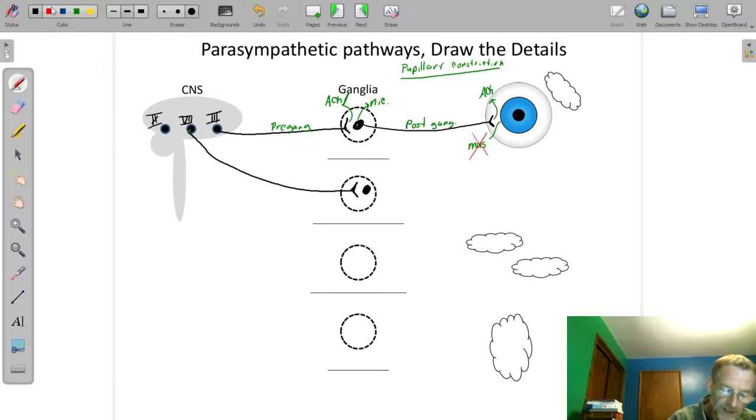Oh, we didn't write in the name of the ganglion. So for the oculomotor pathway, it's a ciliary ganglion. I'll abbreviate ganglion as gang. And here we are in the pterygopalatine ganglion.